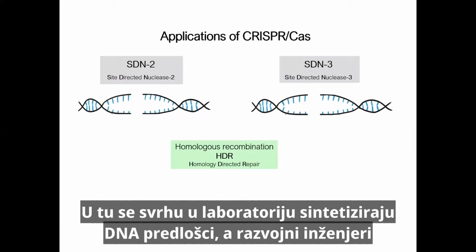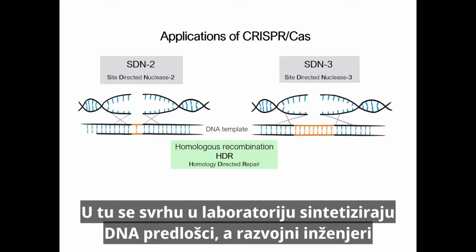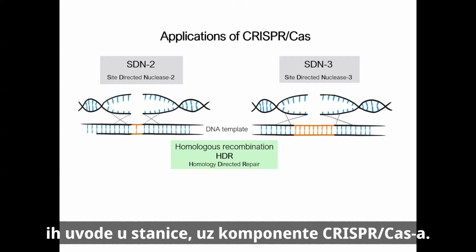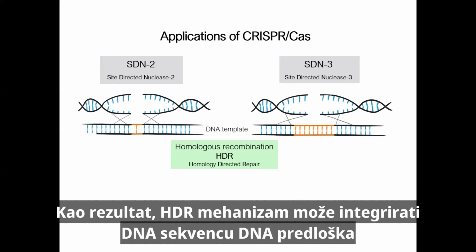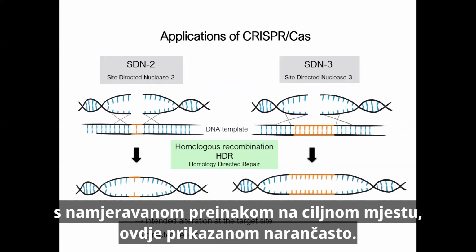For this purpose, DNA templates are synthesized in the lab and introduced by the developers into the cells in addition to the CRISPR-Cas components. The DNA templates correspond to a large extent with the DNA sequence around the target sequence. As a result, the HDR repair is able to integrate the DNA sequence of the DNA template with the intended alteration at the target site, shown here in orange.